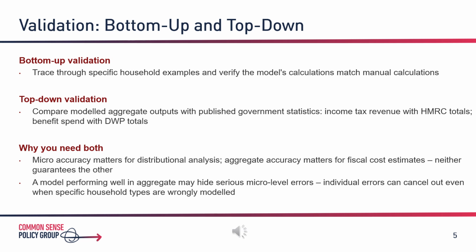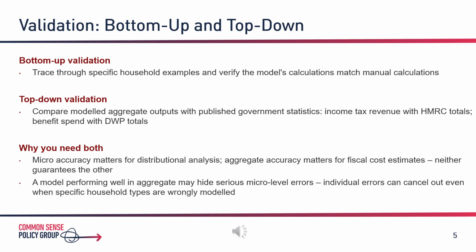Top-down validation works from published statistics downward. HMRC publishes total income tax receipts. Department for Work and Pensions, DWP, publishes total benefit expenditure. If your model predicts that a baseline system generates £220 billion in income tax revenue, but HMRC actually collected £248 billion, something is wrong at the aggregate level.